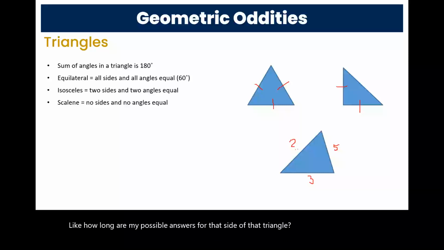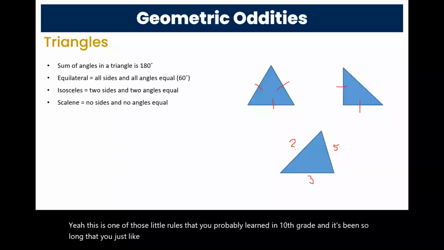This is where they might make it a quant comp kind of question, because they'll ask about that side of the triangle. Yeah, this is one of those little rules that you probably learned in 10th grade, and it's been so long that you're just like, I just don't remember this.